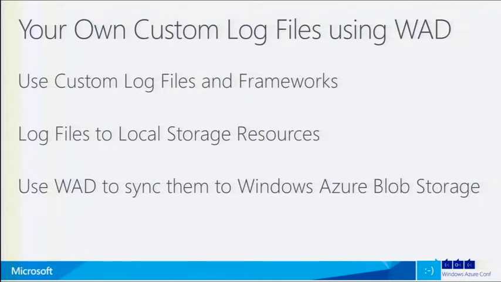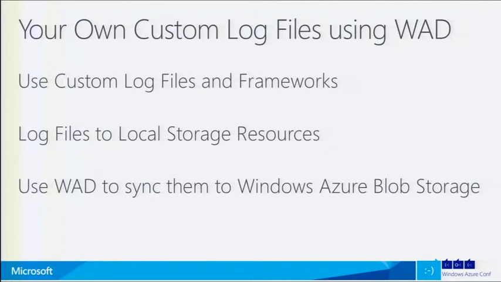The second thing is where you store them. The log files need to be stored in a local storage resource. I'll show you that in just a little bit, how to configure that. But what this basically means is when you configure your cloud service, you can carve out a chunk of storage on the instance that you can write files to.